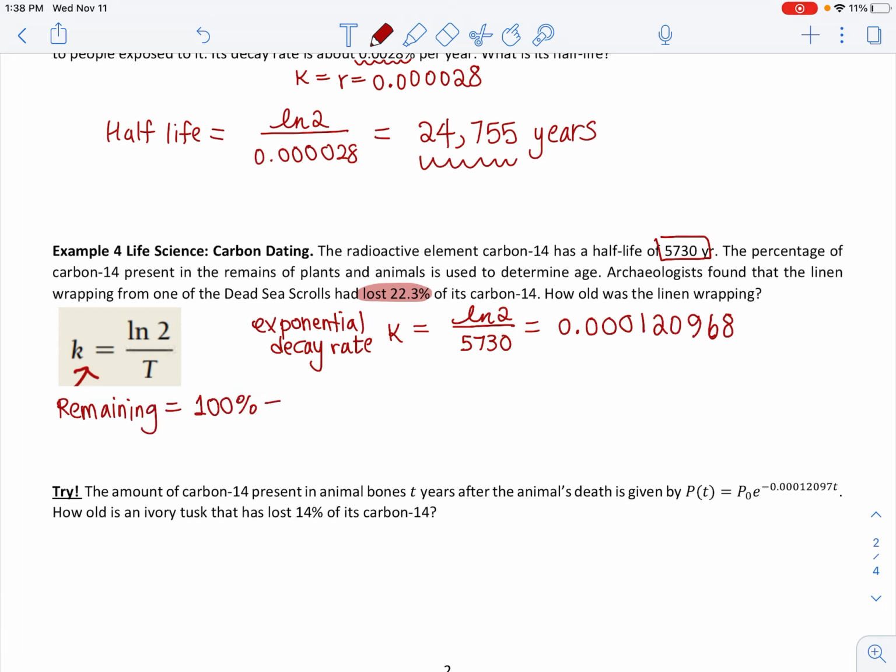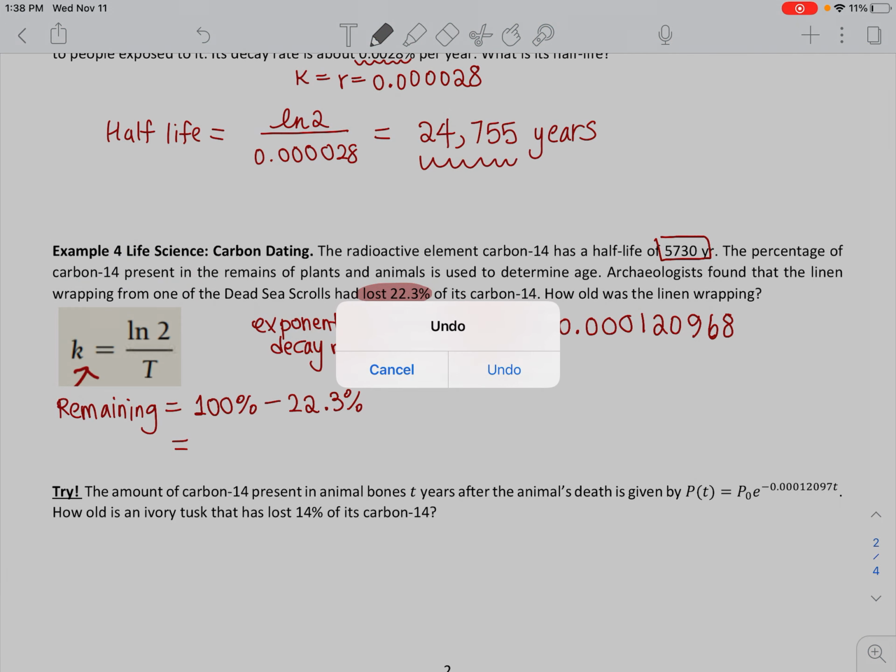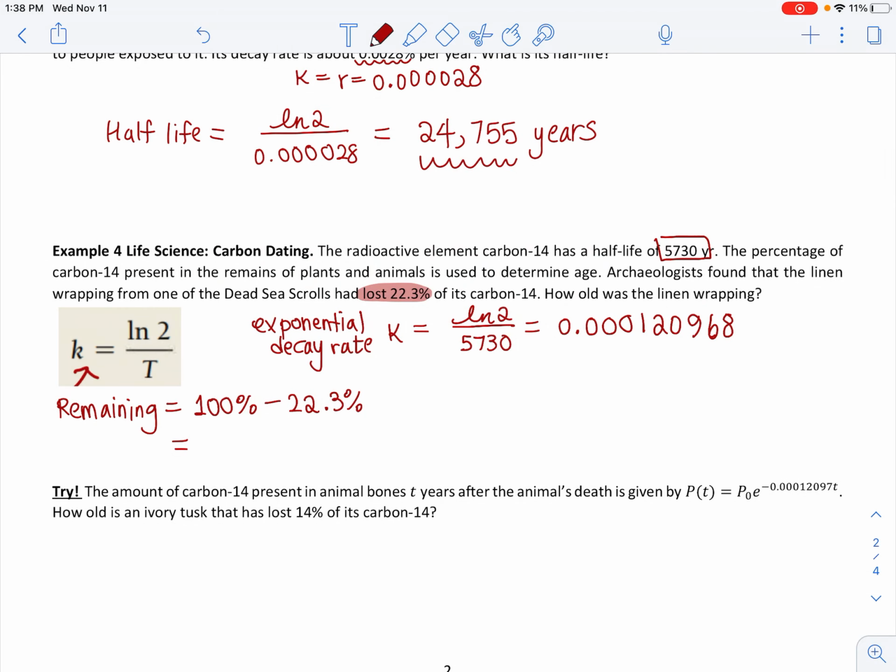Oh, this is fun. So it used to be 100%, right? But it lost 22.3%. So how much is left, really? Because that's what I need. 100 minus 22.3 is 77.7. 77.7% is remaining, okay? That is the ending amount.